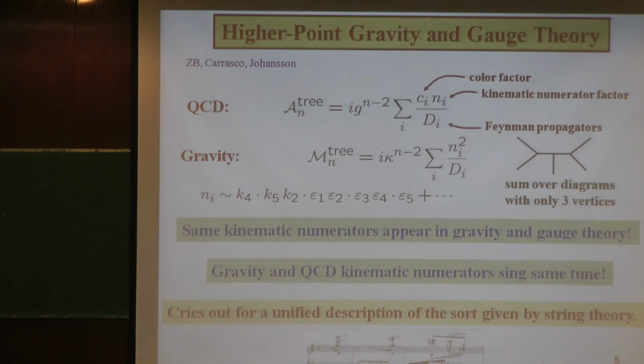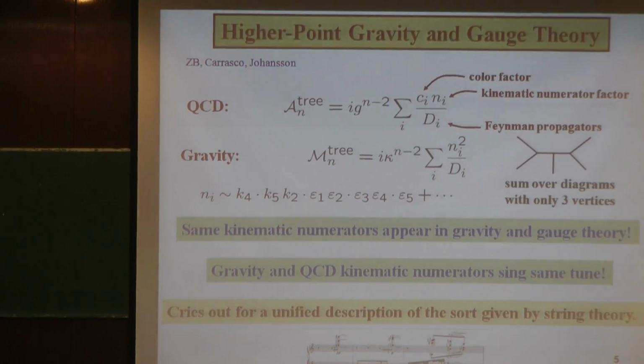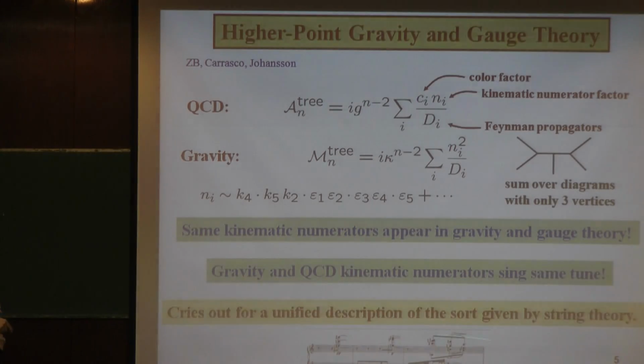The reason why this is interesting, probably the primary reason, is that it makes gravity free. Once you've done this for gauge theory, and these numerators satisfy that property, then you get gravity just by taking the color factor and replacing it by the numerator, and that's gravity. And then, of course, there are philosophical things.